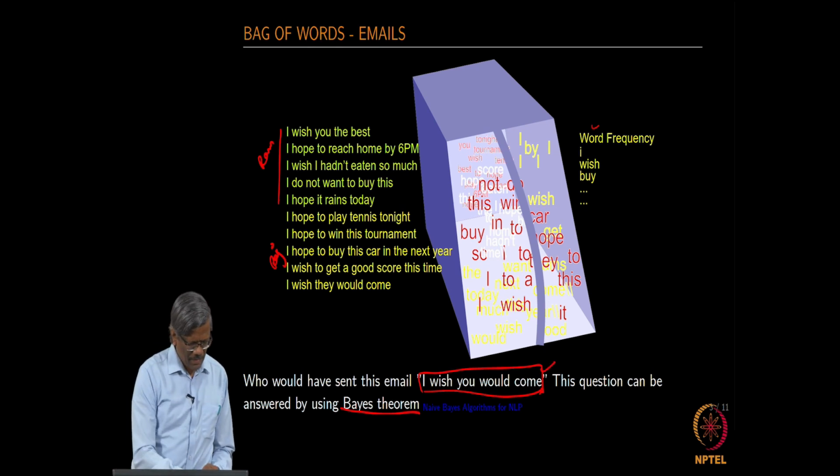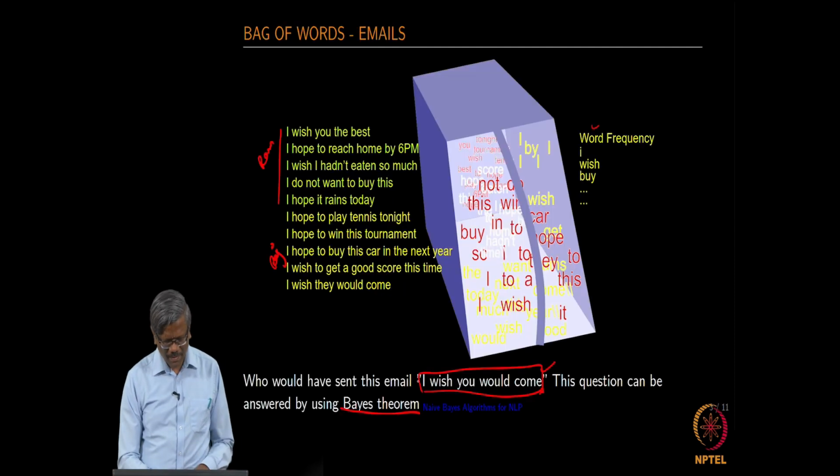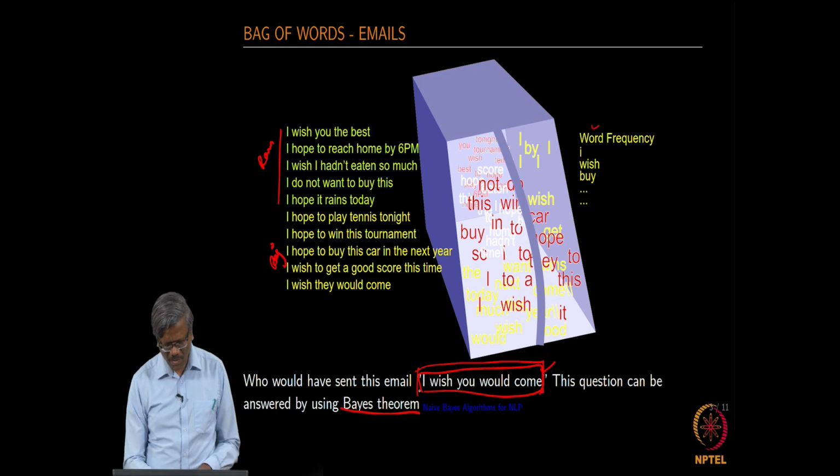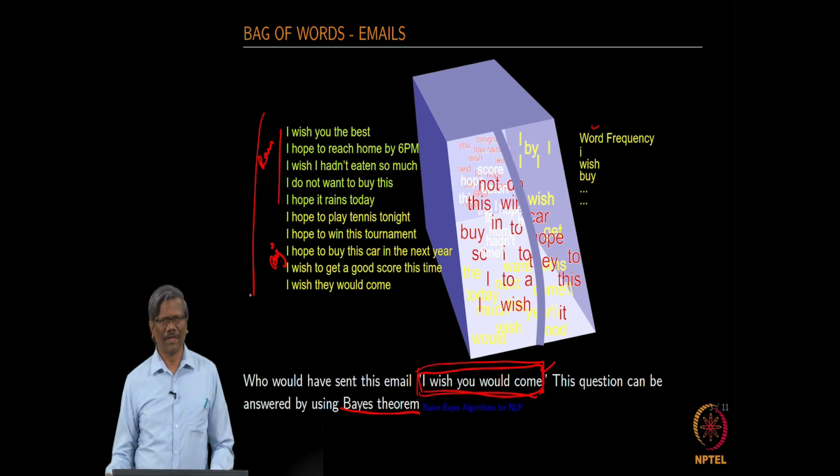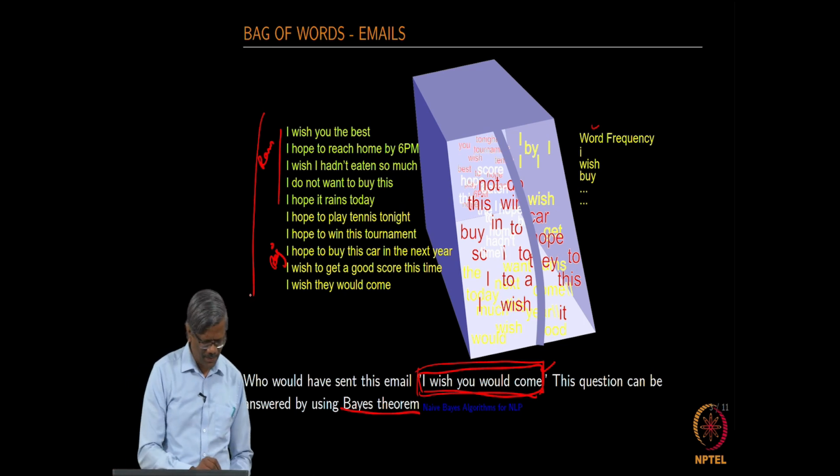Okay. So, the assumption is that the words that are there in this are part of the data set, right. So, if they are not there, what do we do? We will look at that a little later.